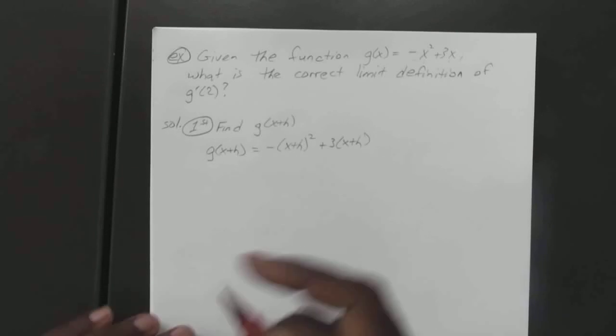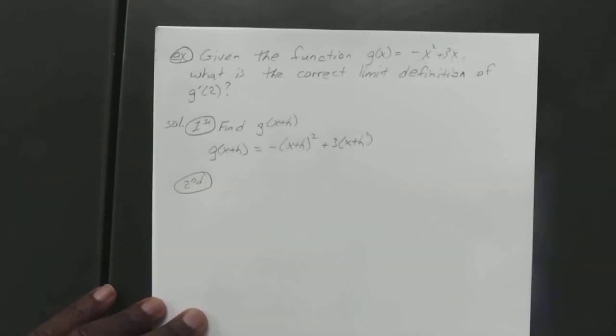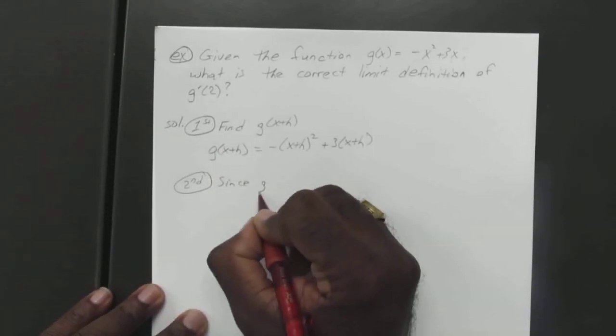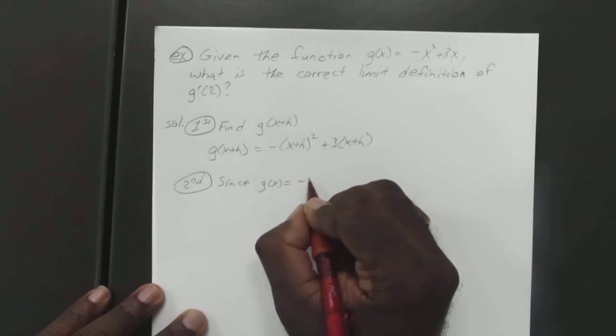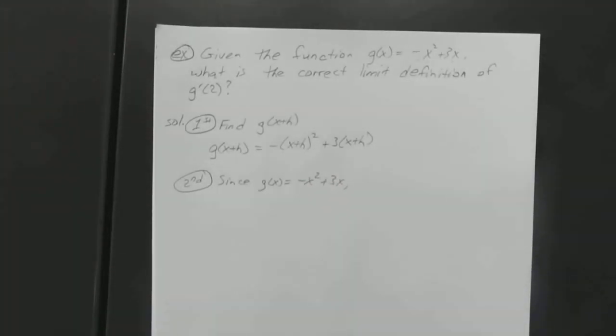All right. Now your second step, since we already know what g of x is, negative x squared plus 3x, we just plug them both into the formula.